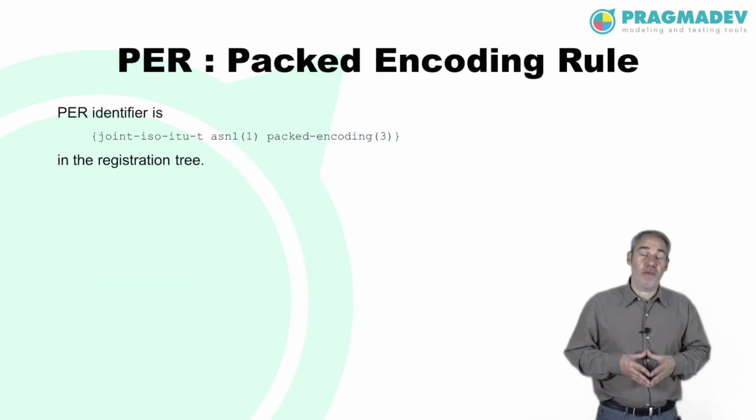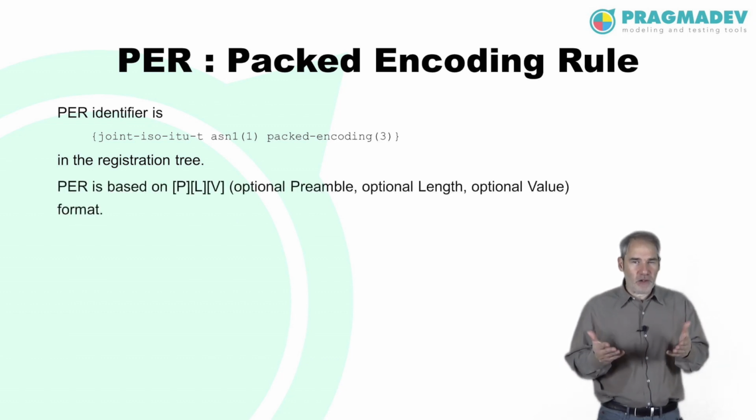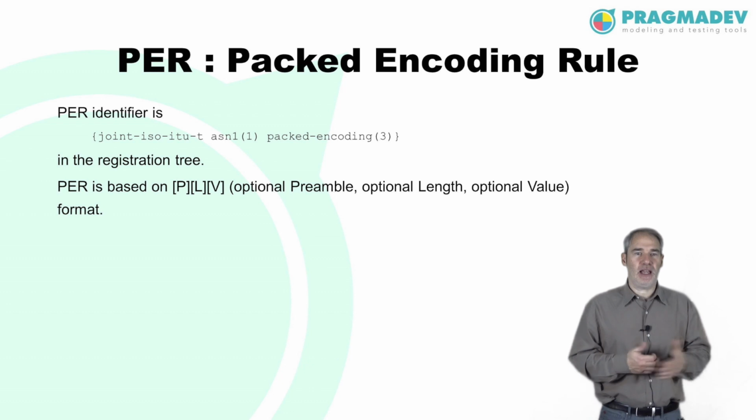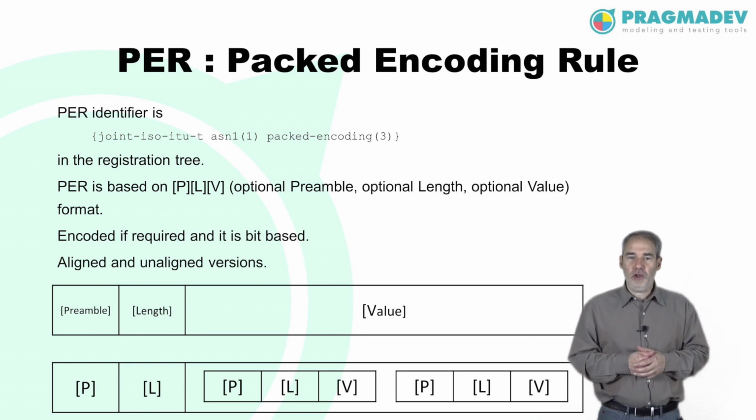Let's now have a look at the packed encoding rule, PER. The goal of PER is to minimize the amount of resulting bits. And the opposite of the basic encoding rule, which uses TLV as a systematic approach, the packed encoding rule is based on a preamble, length, and value where each field is optional. The information is encoded if needed.